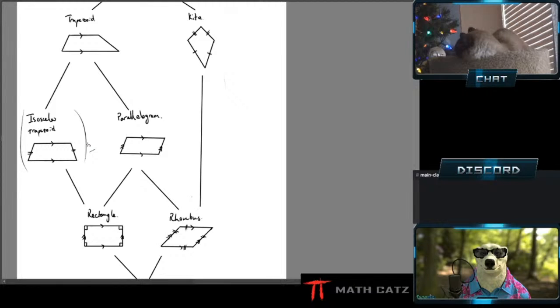There are rectangles as well. So a parallelogram is not a special case of an isosceles trapezoid, because the isosceles trapezoid, I guess they wanted to make it different, specifically not to include the parallelogram. They have the opposite angles being equal requirement, but also the base angles need to be the same.